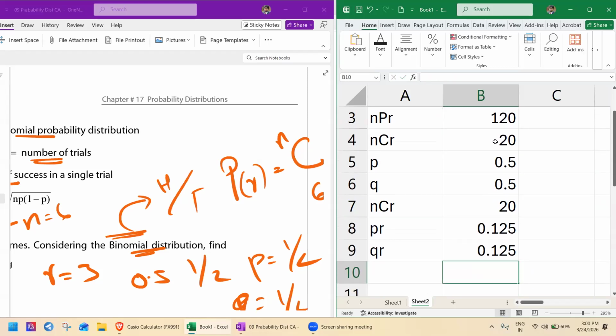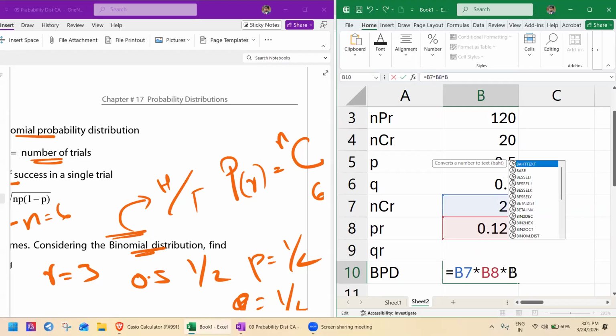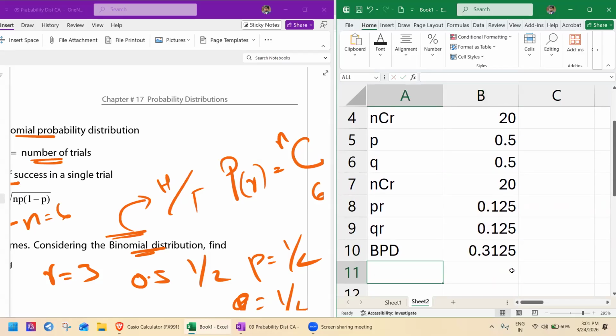Right. Now we can see the binomial probability of getting exactly 3 heads equals 20 times 0.125 times 0.125, which is 0.3125, or 31.25%.